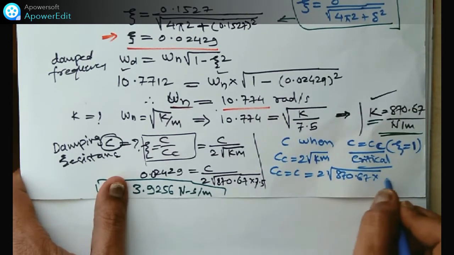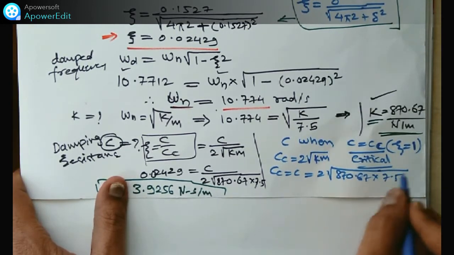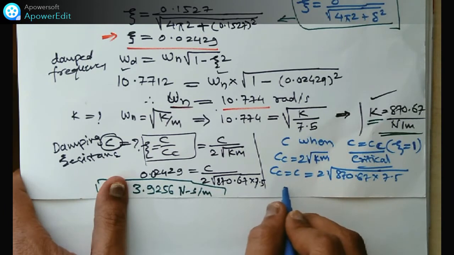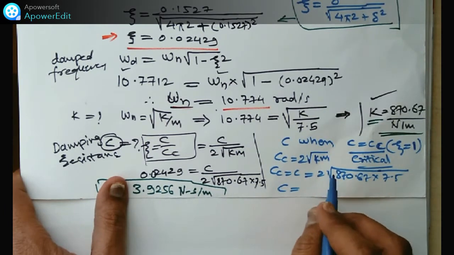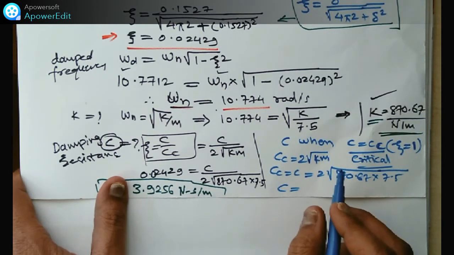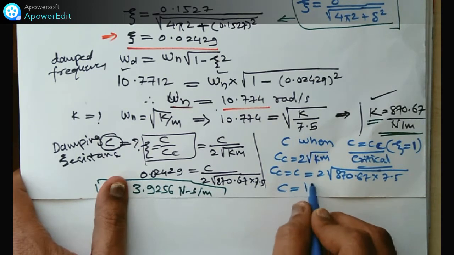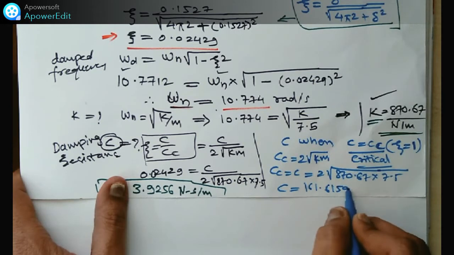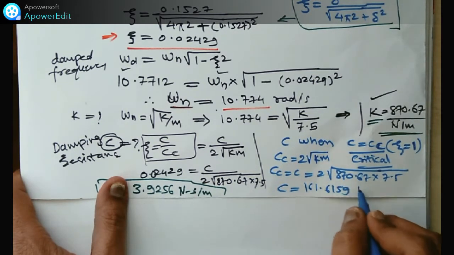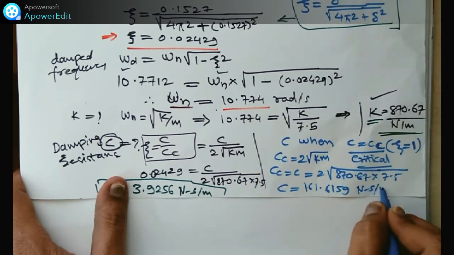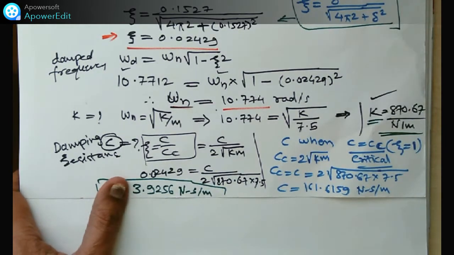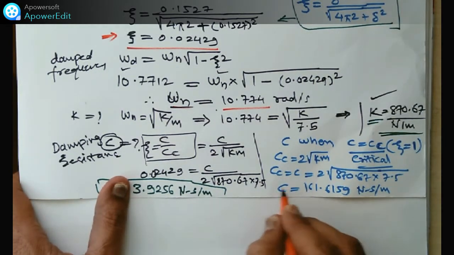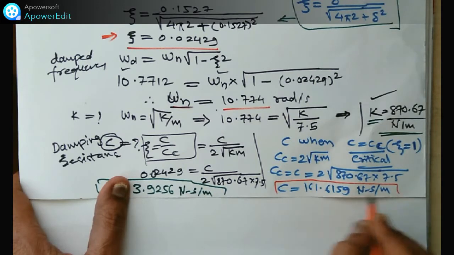The value of C at zeta equal to 1 is 161.6159, and that will be in Newton second per meter. So this is the value of C, 161.6159 Newton second per meter, when zeta is equal to 1 at critical damping.